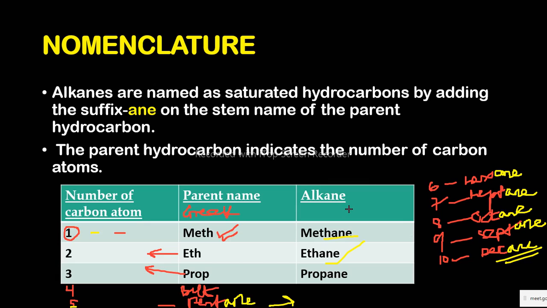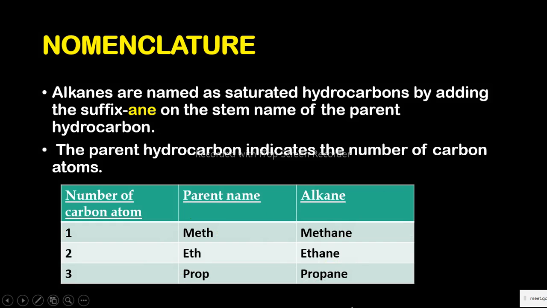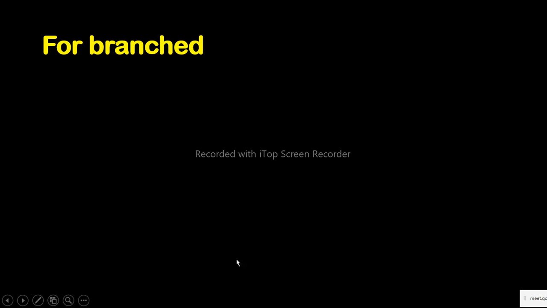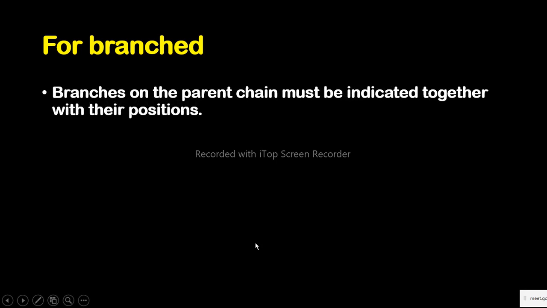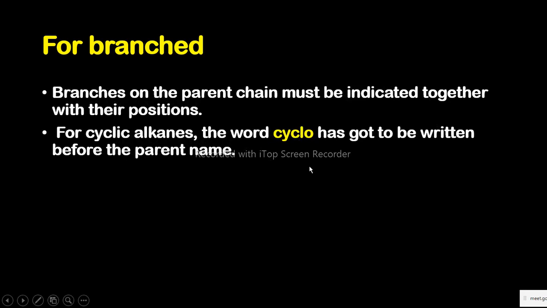So when it is branched, however, we studied nomenclature, but let's talk about when it is branched. For branched, you get the stem name, and then you indicate the position of the branch.